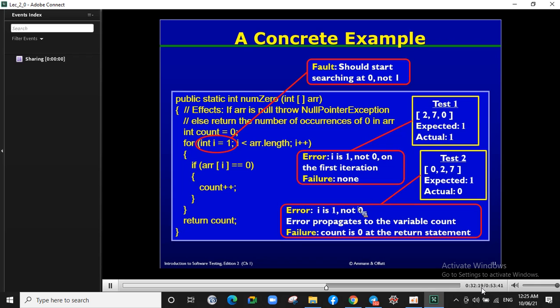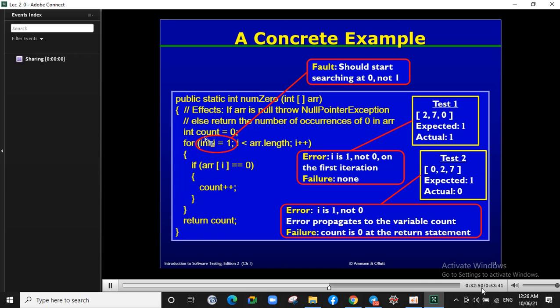In the new test case, we have a 0 element in the first position of the array. As we've seen, the first position of the array is not checked by the for loop, and the first error state would propagate across the execution path.